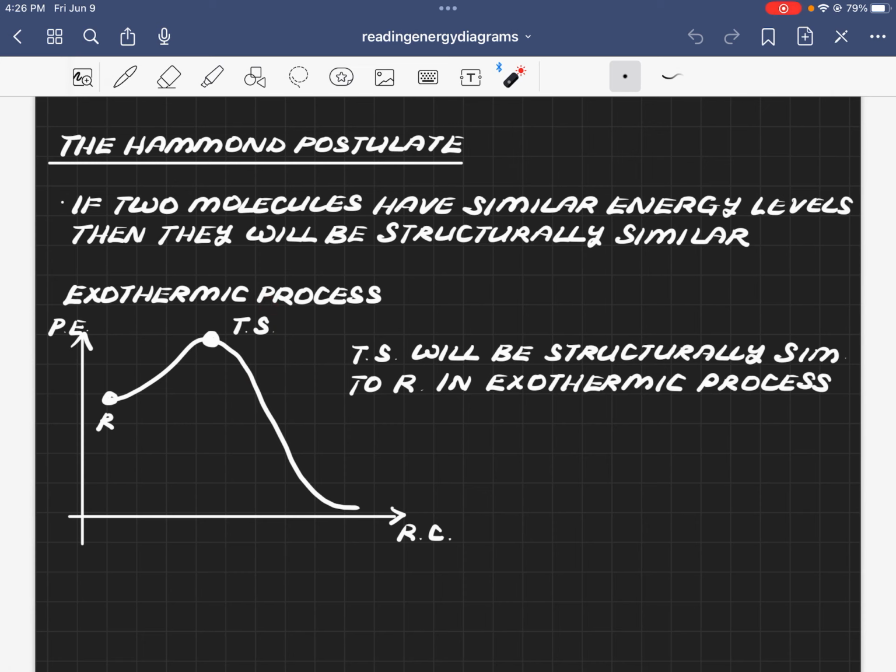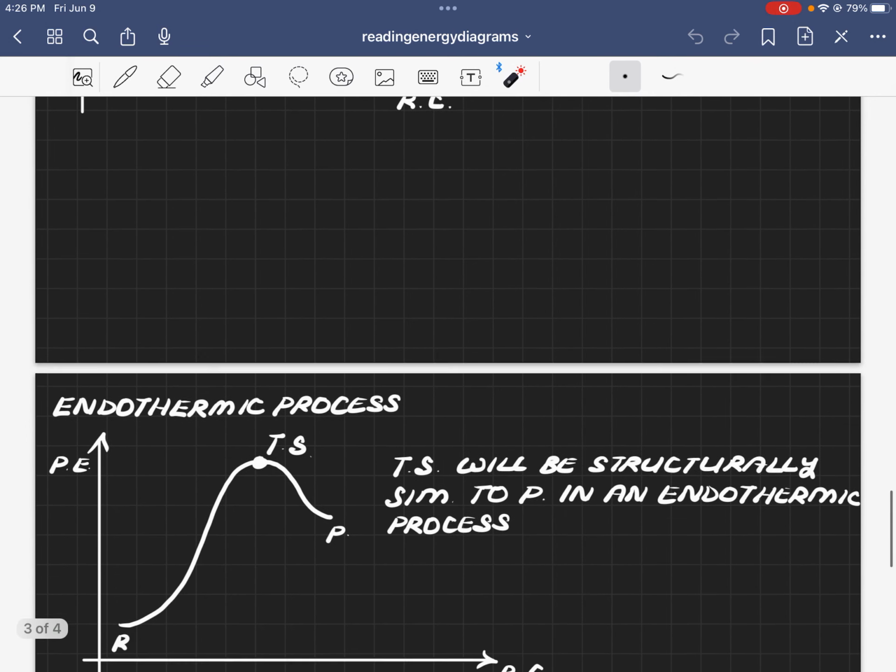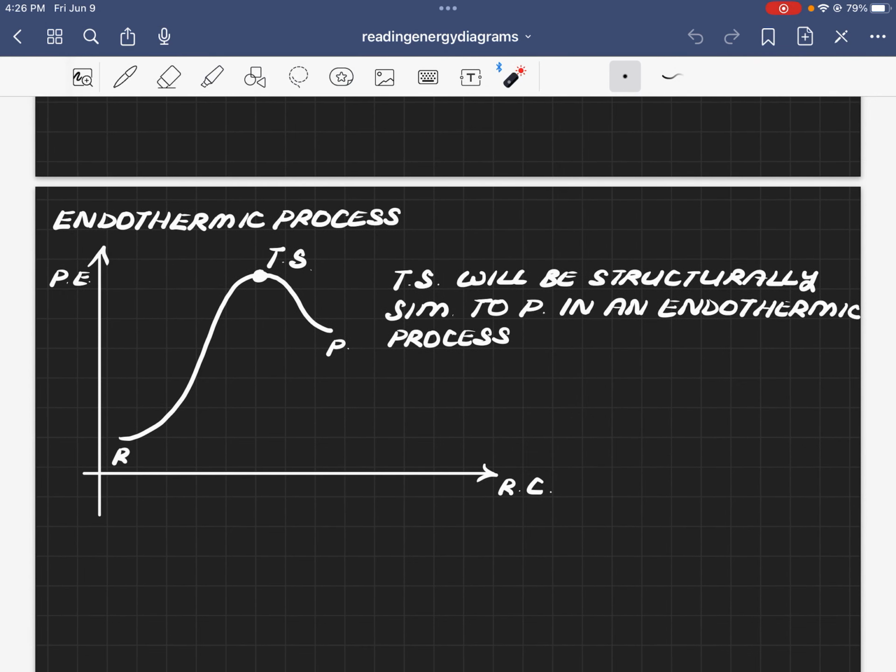The reactants and the transition state have very, very similar energy levels. So in an exothermic process, the transition state will be structurally similar to the reactants. In an endothermic process, we have the transition state here and the products here. They're very, very similar in energy. So in an endothermic process, the transition state will be structurally similar to the products.